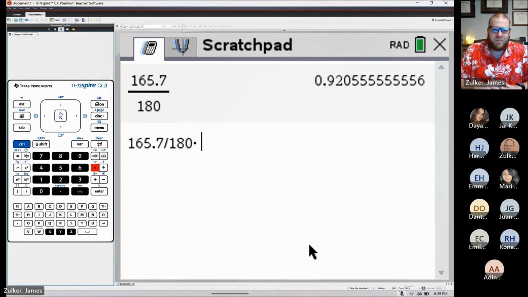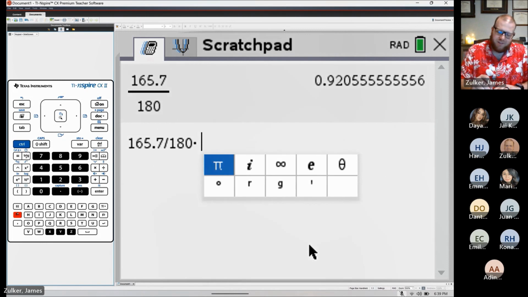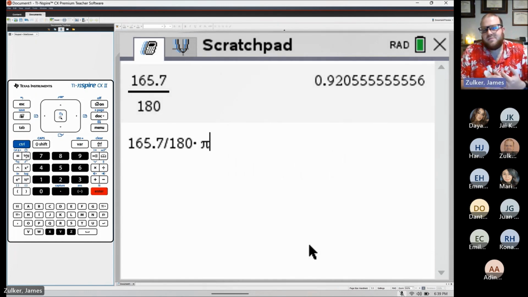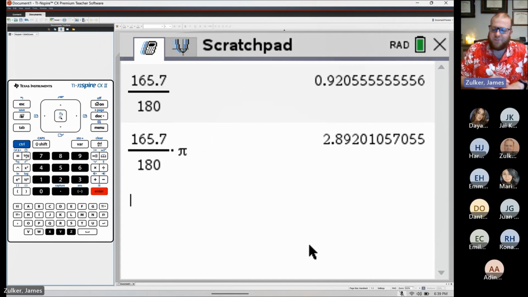On the TI Inspire, there are a couple ways you can do that. First, right down here, you click what's red. It's going to bring you up a list of symbols. Then you just hit enter because it's already highlighted on pi. Then hit enter again, and there would be the approximation, let's say 2.89.